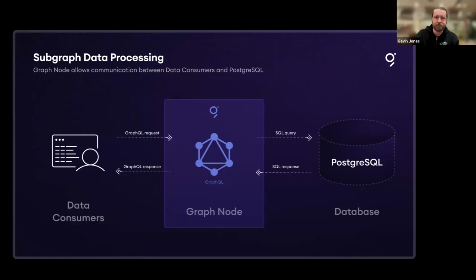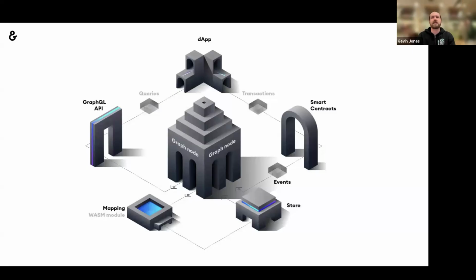Cool. Okay. So this is kind of a high level overview of what we're trying to do, right? Today we're gonna build a dApp using Scaffold-ETH. We're still gonna propose transactions to the blockchain to write to our smart contract. But as the events come off of the smart contract, Graph node is going to be running the WASM module, and it's going to be processing the event data as it comes off, given the instructions in that module.